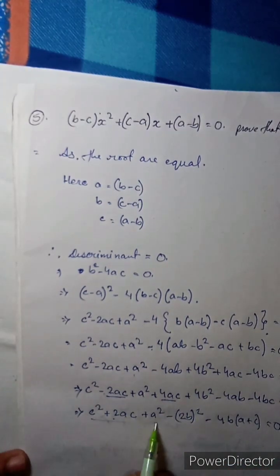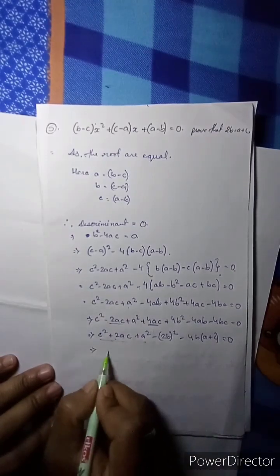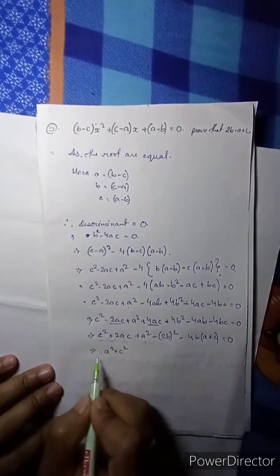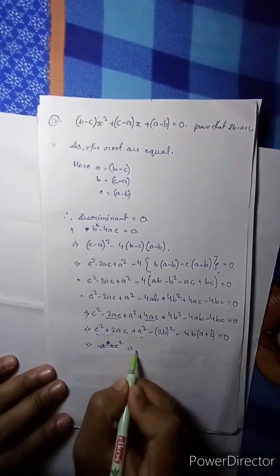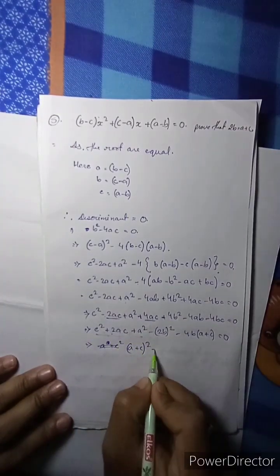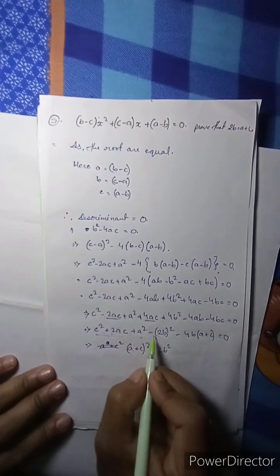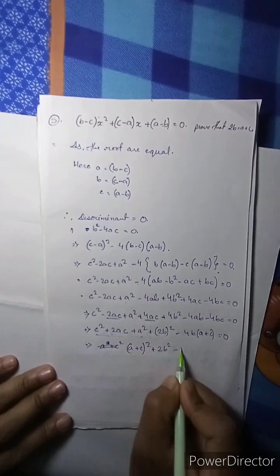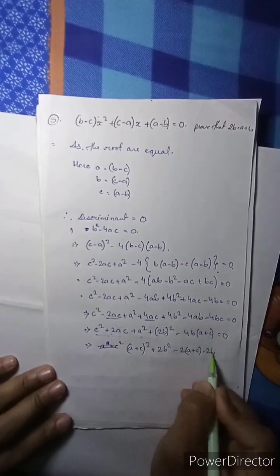Now I'll put the formula a square plus c square: I can write this as (a plus c) whole square, which is a square plus 2ac plus c square, and plus 4b square minus 4b(a plus c), and I can write this as (a plus c minus 2b) whole square is equal to 0.